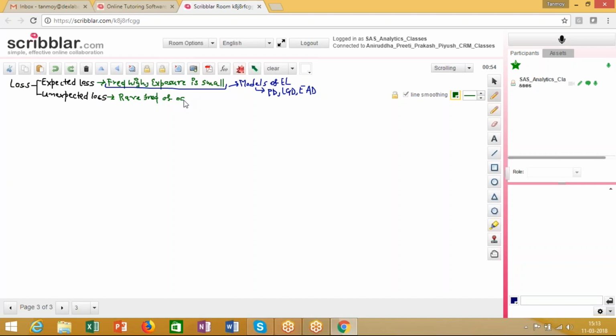And their exposure is very huge. The exposure from these unexpected losses can be to such an extent that our entire bank may collapse.